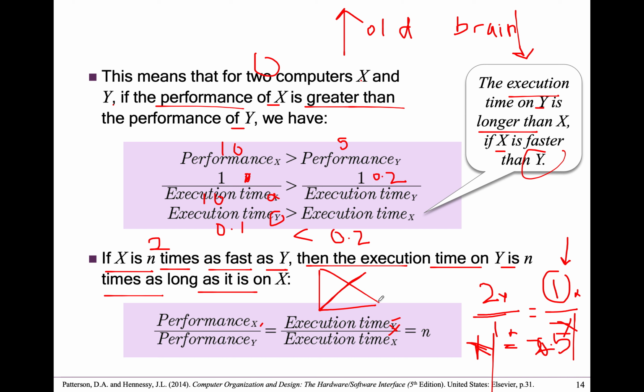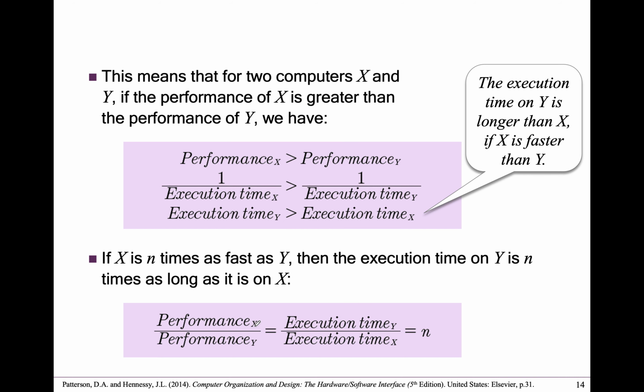I don't know about the graph, but you need to know that it's vice versa for X and Y. That's why it's 1 over something. So you're going to get the value of n, and all this kind of value will be given in the equation. Maybe it gives you the value of n, it gives you the execution time for Y and X.